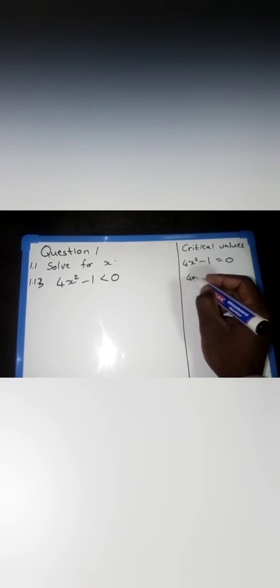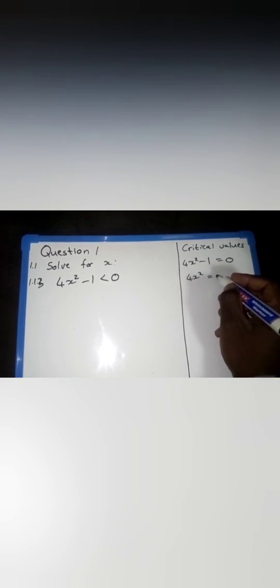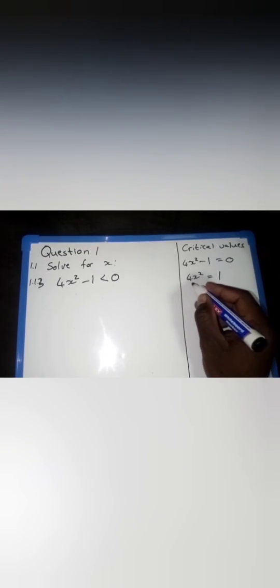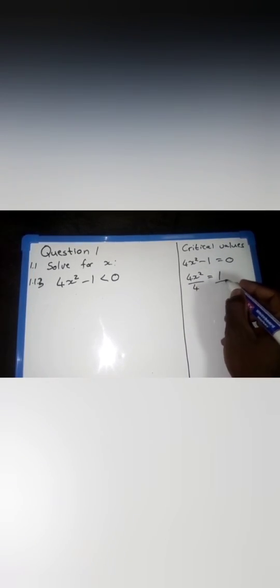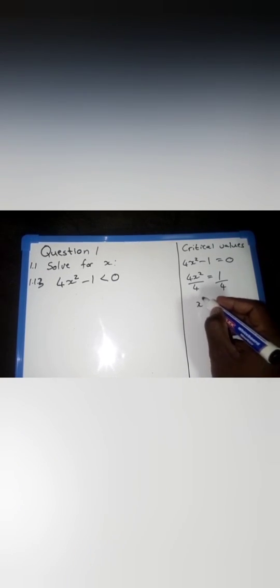So you have 4x squared is equal to 1. Bring your 1 to this side, it turns positive. Divide both sides by 4. x squared will be equal to 1 over 4. After that, you square root both sides so that x will be equal to plus minus a half.